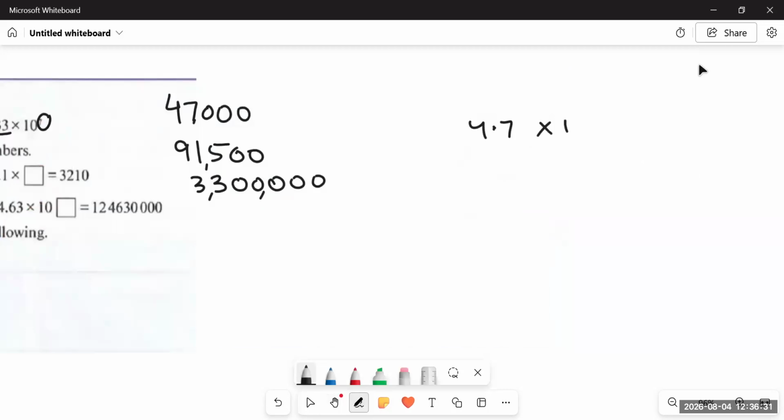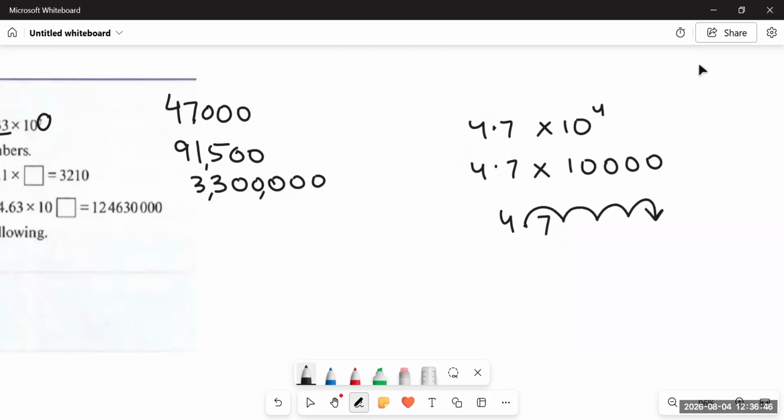4.7 multiplied by 10 power 4 is actually 4.7 multiplied by 10,000. So when we multiply 4.7 with 10,000, the decimal will move 4 places forward. 1, 2, 3, 4. Here it comes. And we will have the number 47,000. Hence proved. Right?